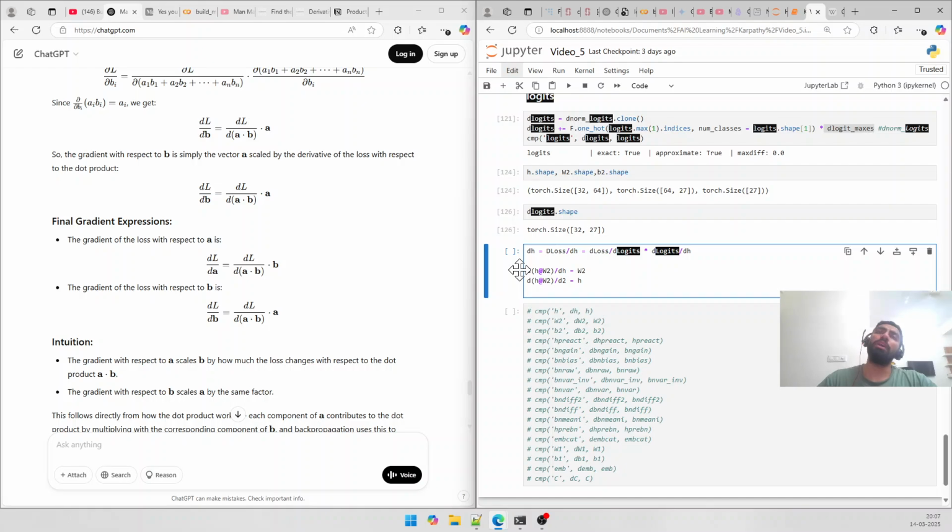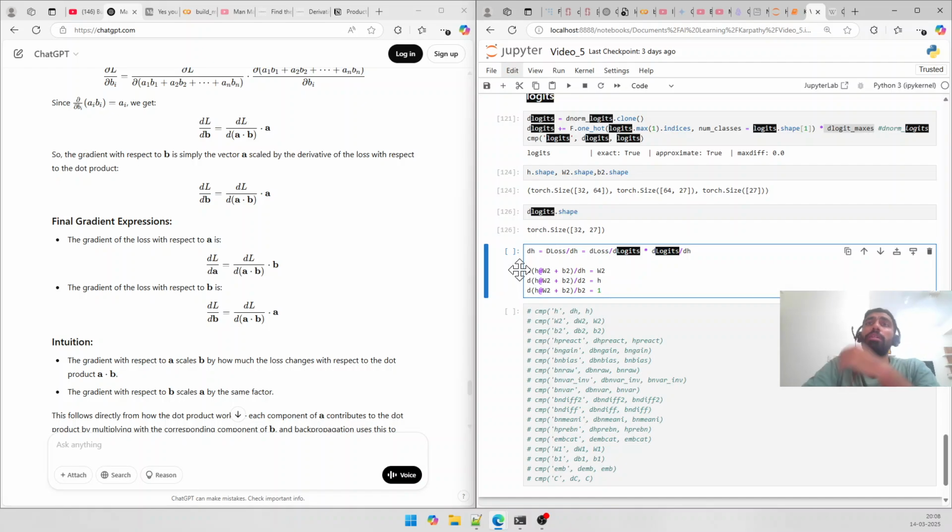That will be 1. So I should write it like this, plus b2, plus b2, and the same will write b2 by b2 will be 1.